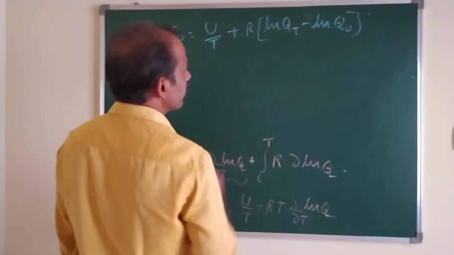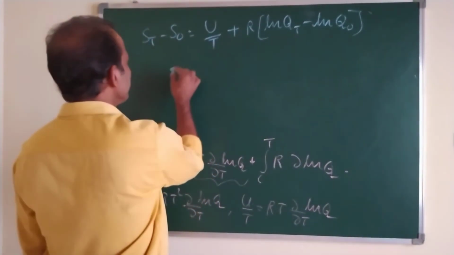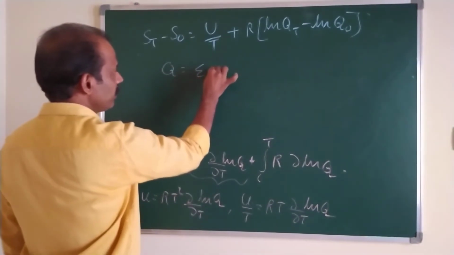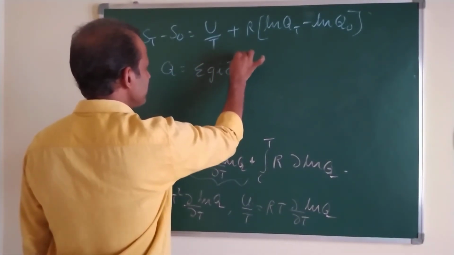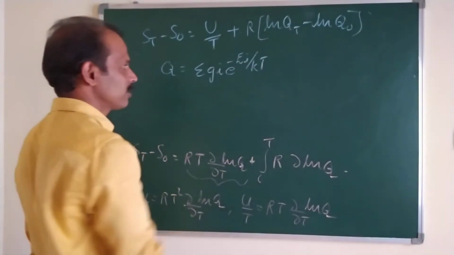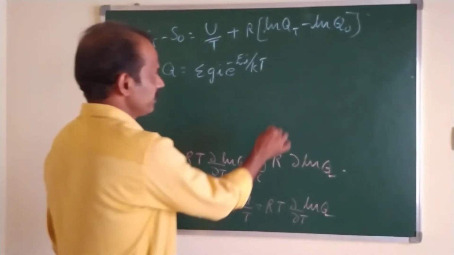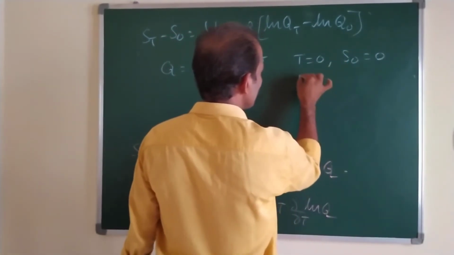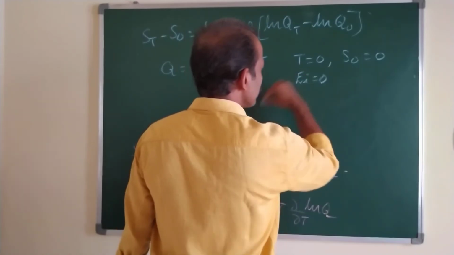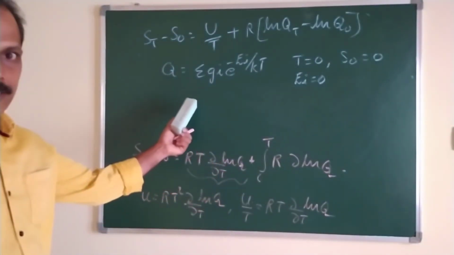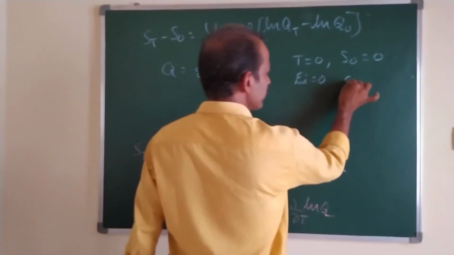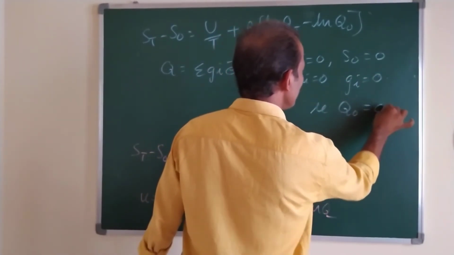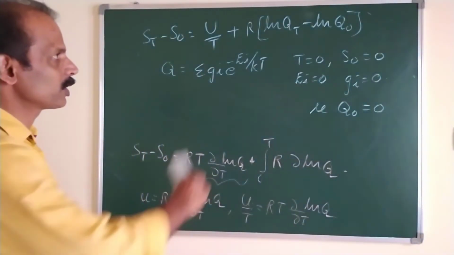So here we know that Q is equal to sigma gi e raised to minus εi/kT. That's our partition function. But at absolute 0, T is equal to 0, S0 is equal to 0, and energy is equal to 0. If energy is 0, then obviously gi is equal to 0. That is, Q0 is equal to 0.